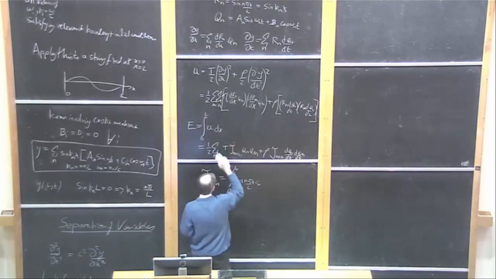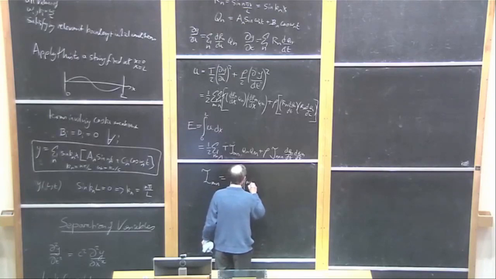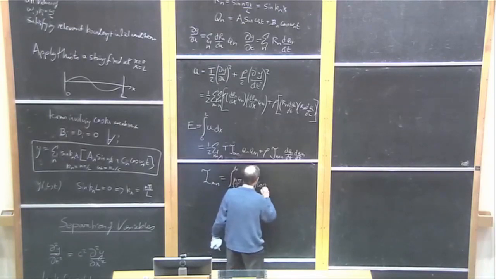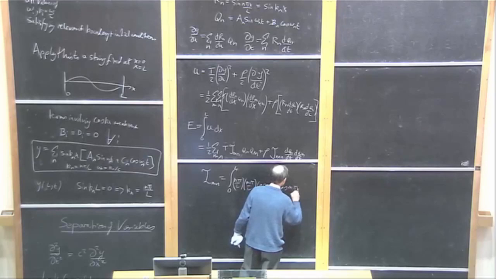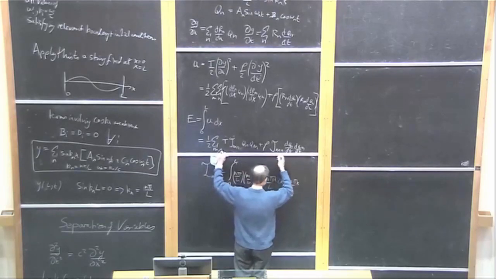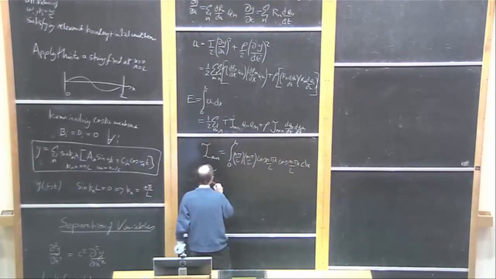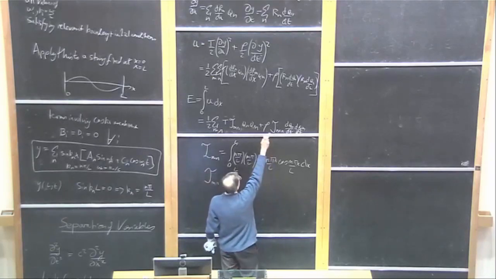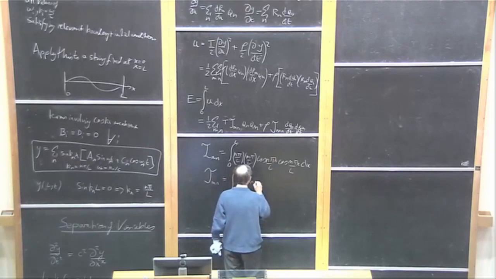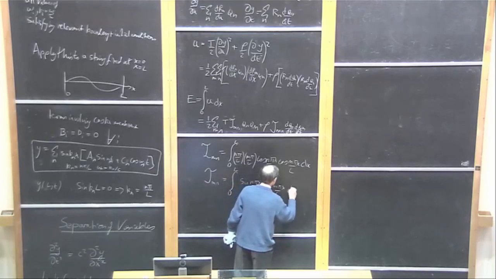This one here is the derivative one, so that will be n pi over L times m pi over L, cos n pi x over L cos m pi x over L dx. And J_mn is the integral from 0 to L of R, which is just sine n pi x over L sine m pi x over L dx.